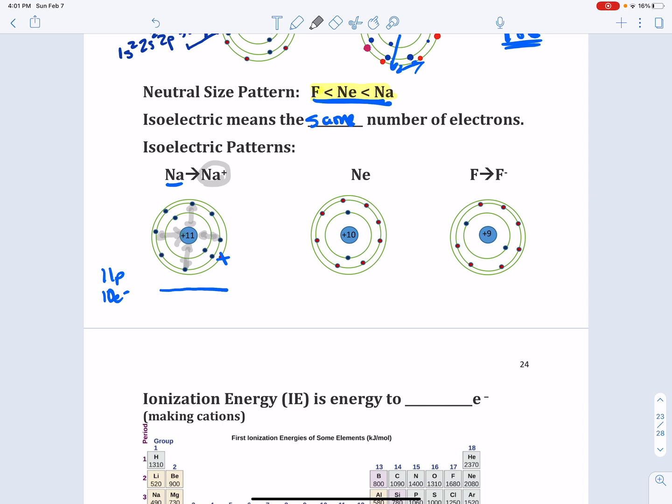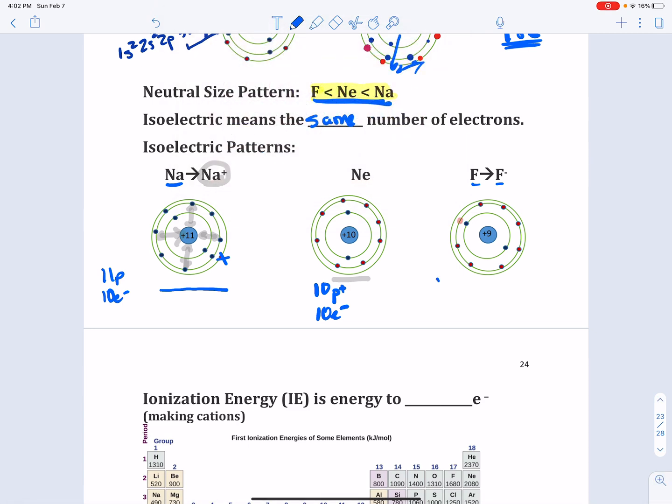And then we have neon, and we're not changing neon. It has 10 protons that are pulling on 10 electrons. So that one's nice and even. And then over here, we have fluorine becoming fluorine minus. So what we're doing is we're adding in an electron, like right here.